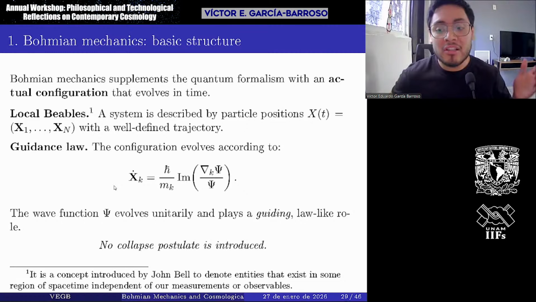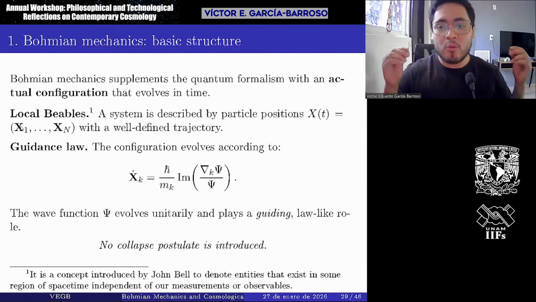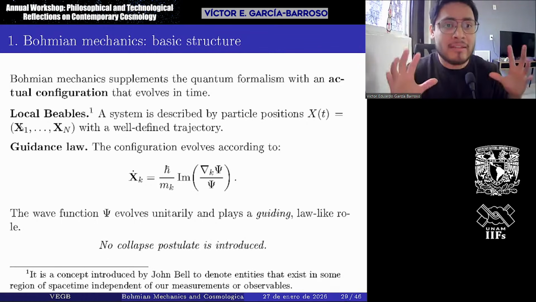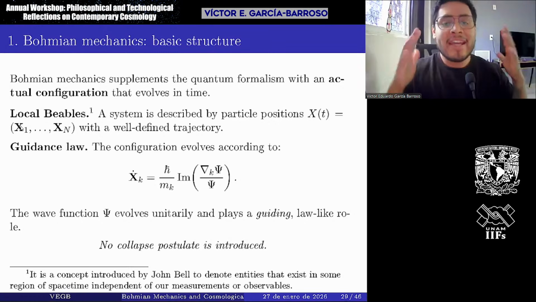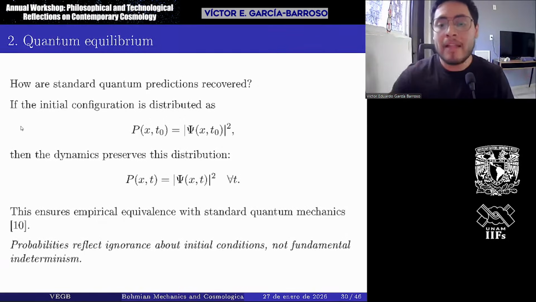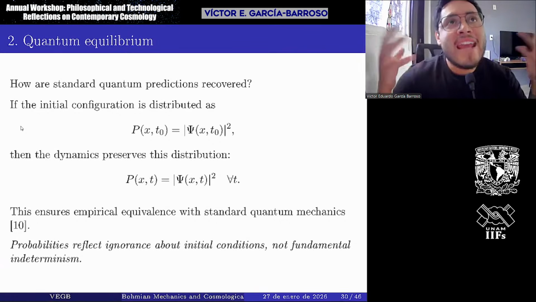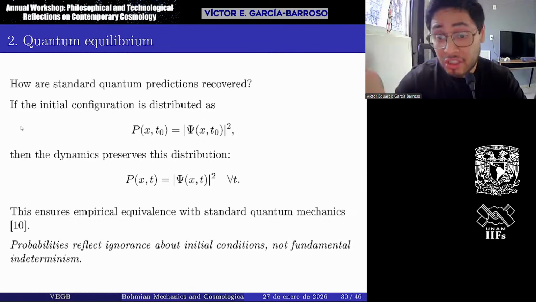The particles just move. This is a technical concept, local variables: the idea that the theory needs entities that live in some region of space-time, independent of our measurements or observations. But you may ask, does this change predictions?